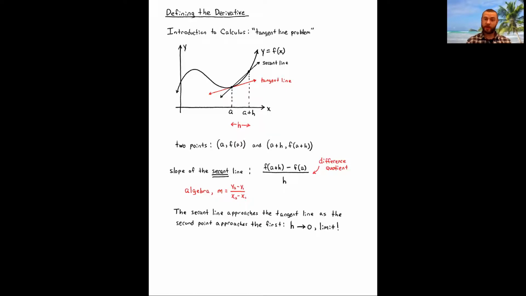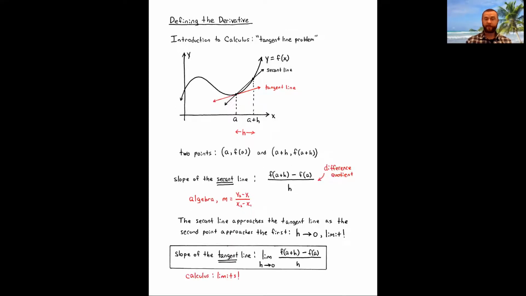So basically here, now that we understand limits, we can state and solve problems now for finding the slope of a tangent line. It's pretty much the slope of the secant line, just with the extra step of evaluating a limit as h goes to 0. And this is something that requires the tools of calculus. We have this definition here of the slope of the tangent line in terms of a limit.